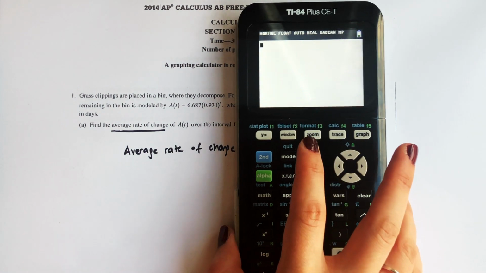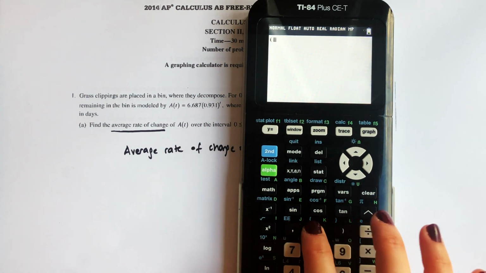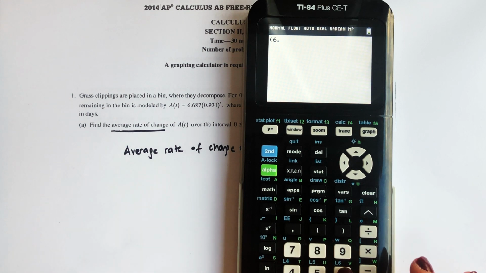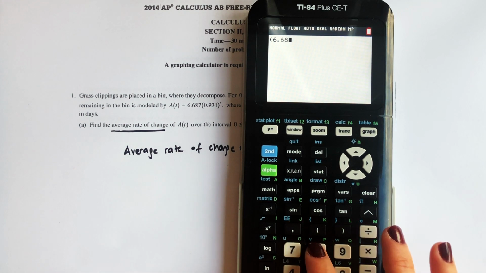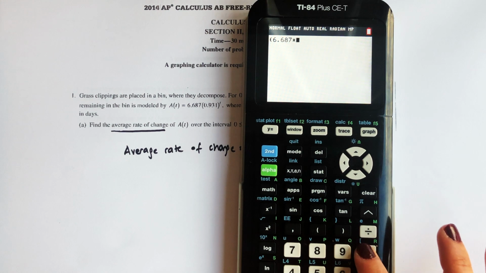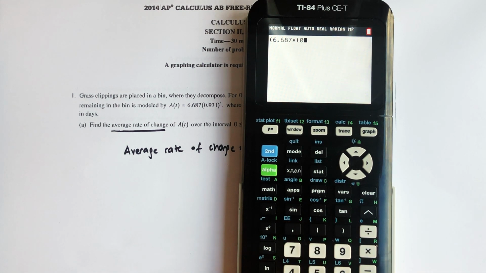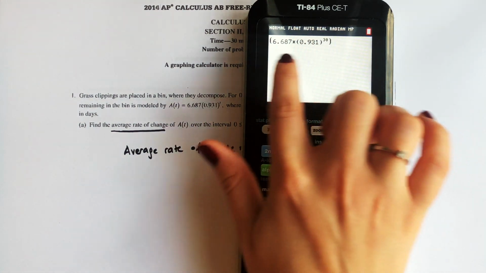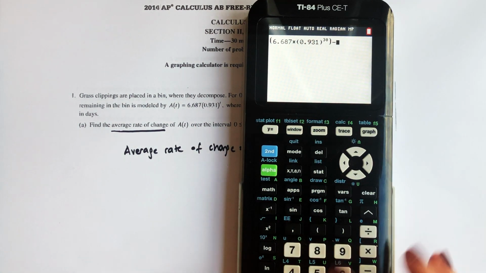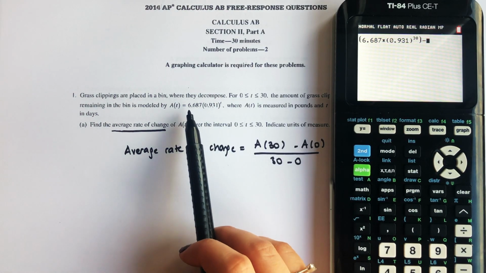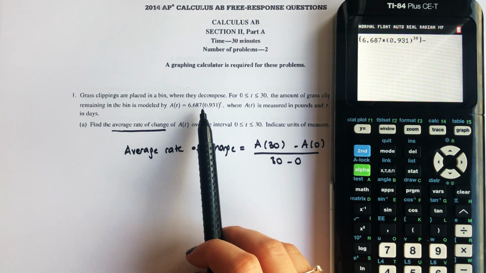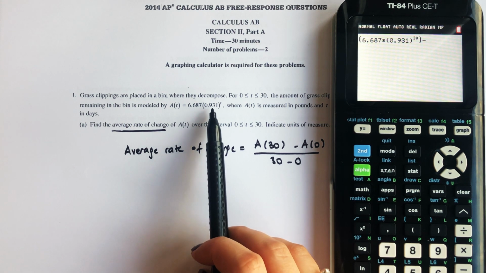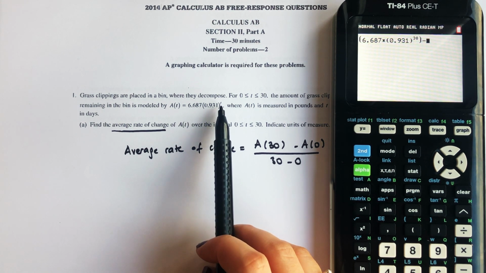First we should write the function. It will be 6.687 times, in parentheses, 0.931 to the power of 30. Another parenthesis. I wrote A(30) now, minus A(0), which will be 6.687, because 0.931 to the power of 0 is 1.